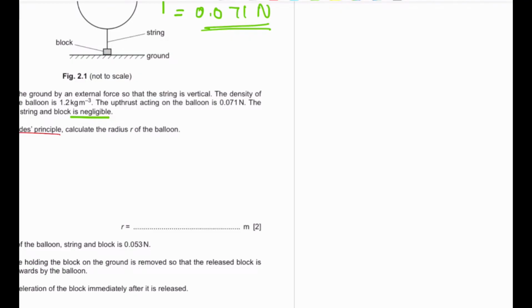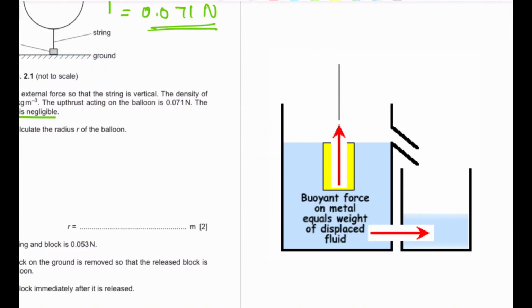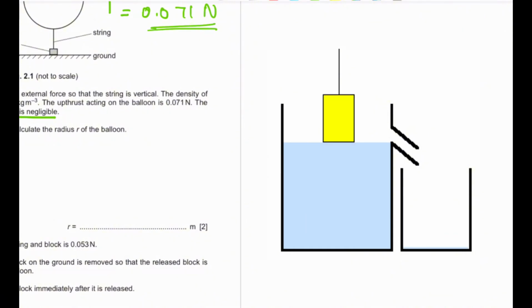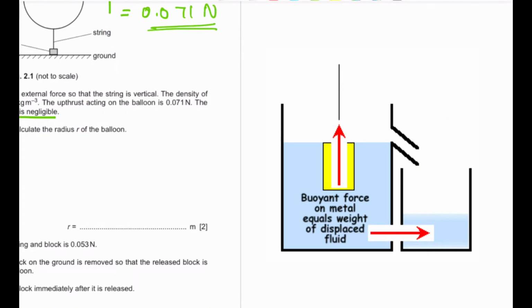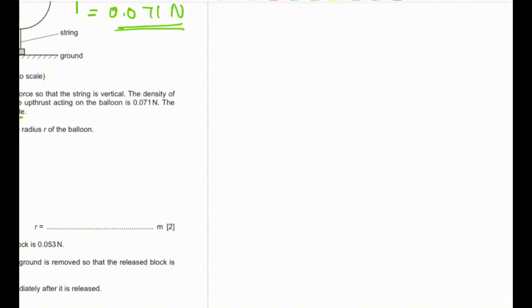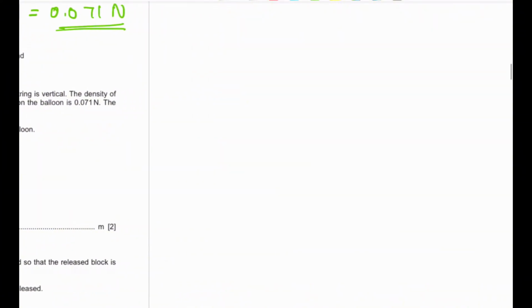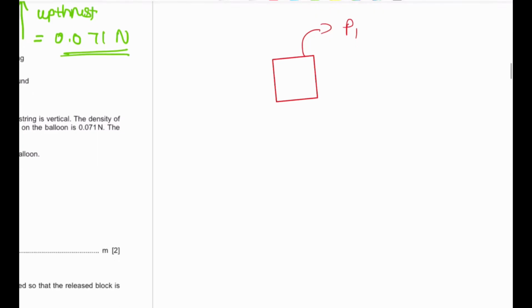Archimedes' principle states that if an upward buoyant force is exerted on a body immersed in a liquid, whether partially or fully submerged, then that upthrust is equal to the weight of the fluid that is displaced, and it always acts in an upward direction. So let's assume you have a particular body over there. At the top of your body you exert a certain pressure, P1, and at the bottom you exert a certain pressure, P2.